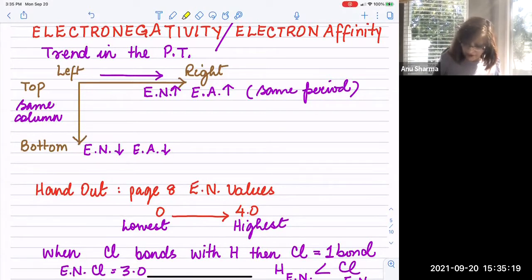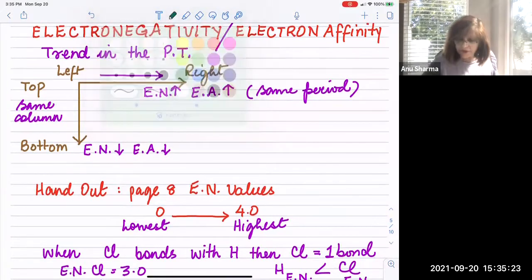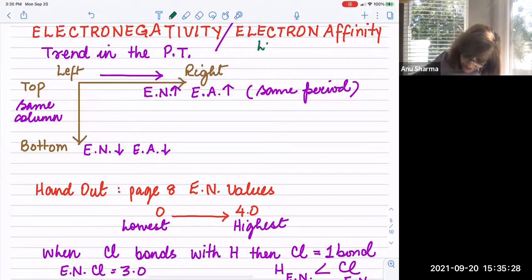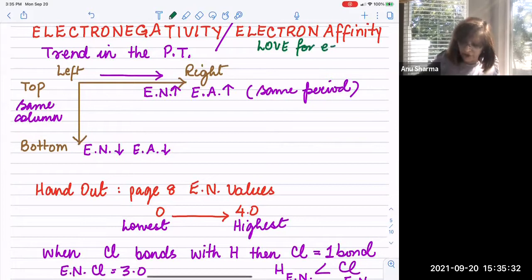When we talk about electronegativity, what is electronegativity? Electronegativity and electron affinity go side by side. Electronegativity means love for electrons, or the ability to attract electrons.